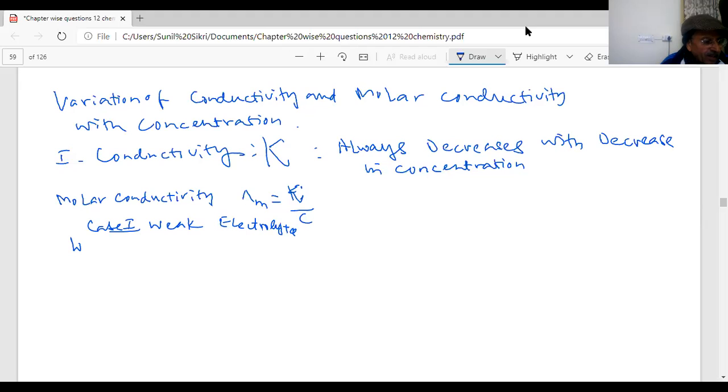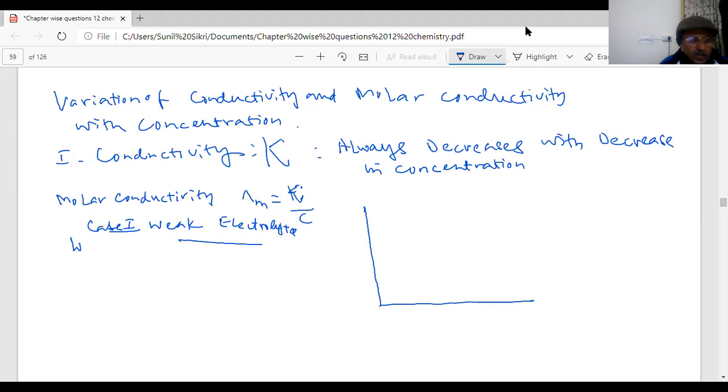If you study the variation in molar conductivity with concentration, what type of graph do you get? For weak electrolytes, there is a sharp and sudden increase in the molar conductivity on dilution. There are two cases, students, weak and strong.